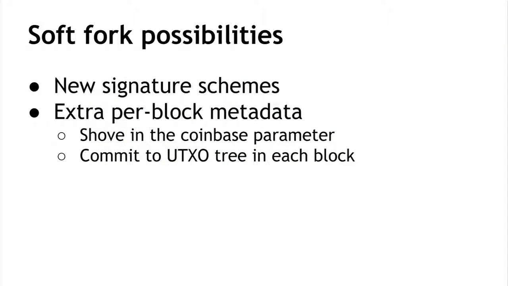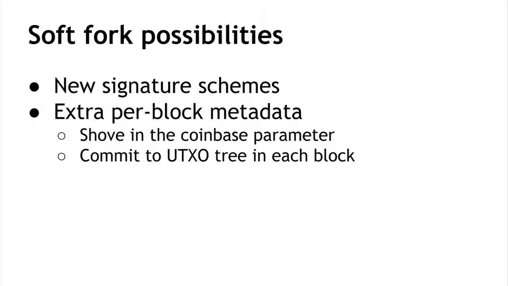So what could we possibly add with a soft fork? Pay to script hash was successful. It's also possible that new cryptographic schemes could be added by a soft fork, or that we could add some extra metadata in blocks that had some meaning. And the place you'd add this is in the Coinbase parameter. So today, any value is accepted in the Coinbase parameter, but we could in the future say that the Coinbase has to have some specific format.